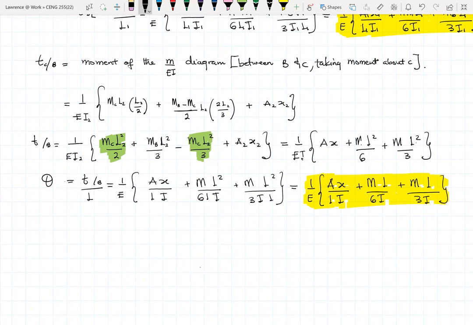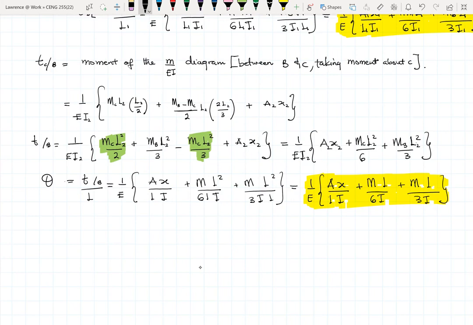If I do my expansion and my additions, it becomes A2 X2 plus MC L2 squared and then MB L2 all squared over 3.